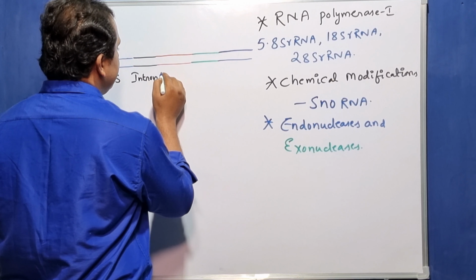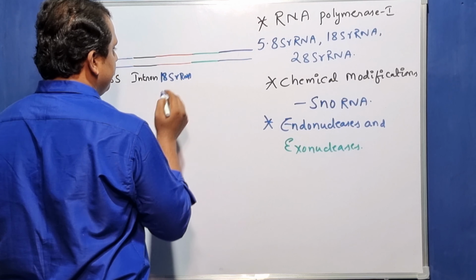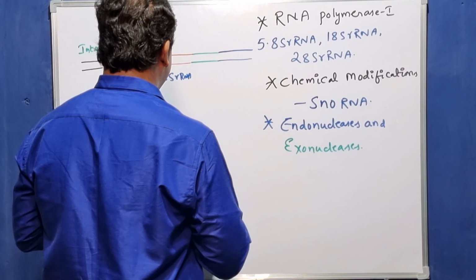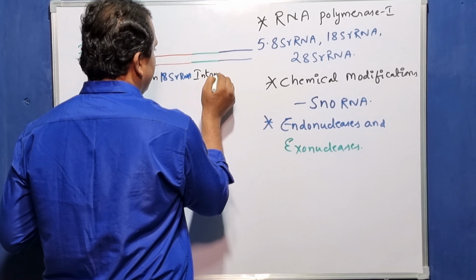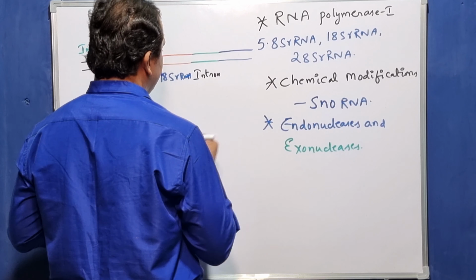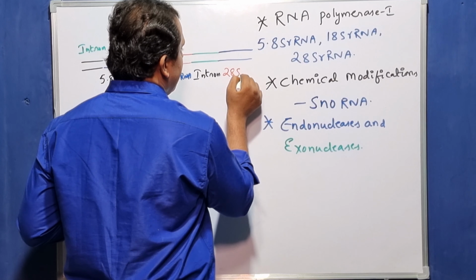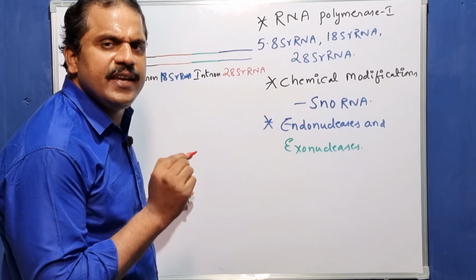It is the 18S rRNA, and again an intron, and here it is the 28S rRNA. Is it clear?